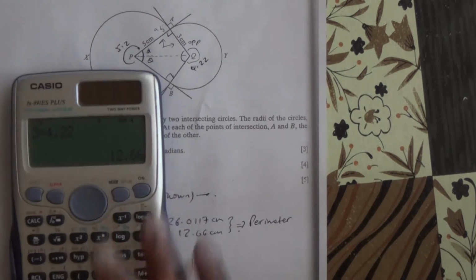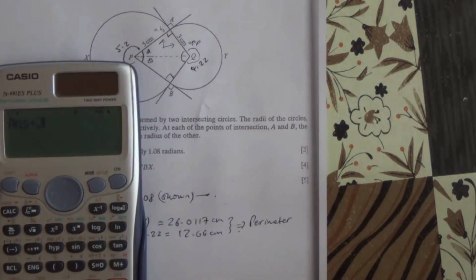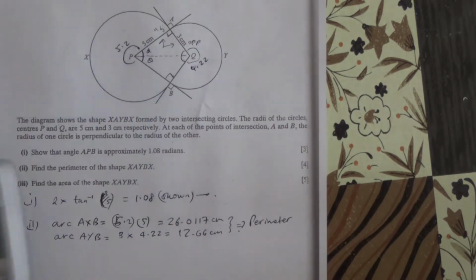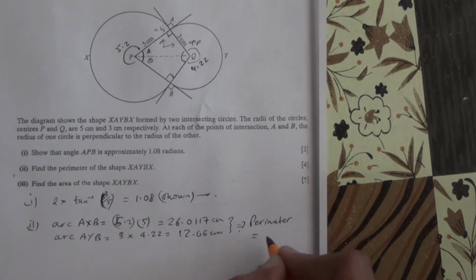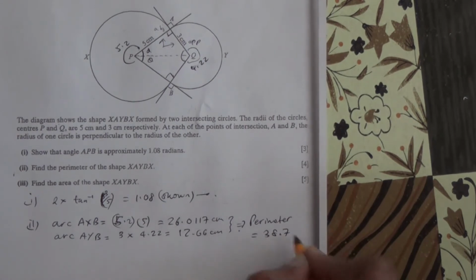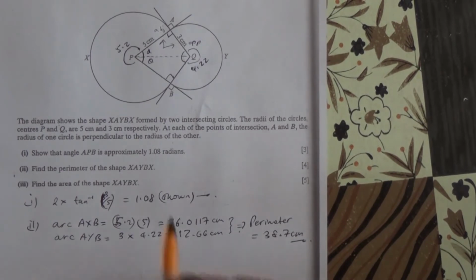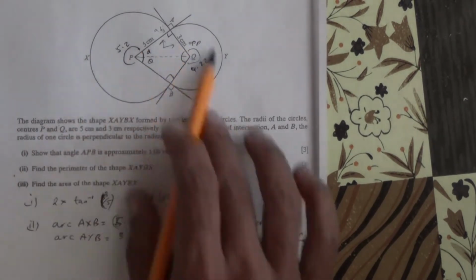So plus 26.0117, we're getting something like 38.7. Alright, so there we go. This is then 38.7 centimeters.